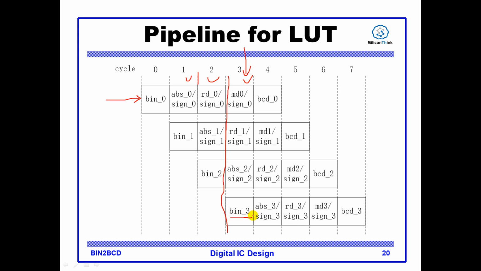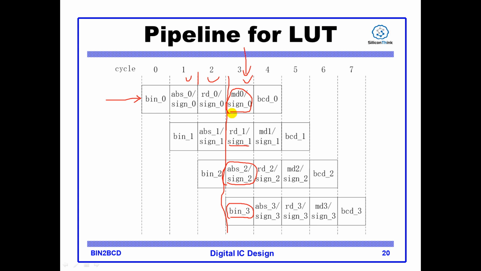The newest one here just latches the input, and this one is in the stage of abs value calculation. Then this one is in the ROM read stage. Then this one is the latch the D out stage.